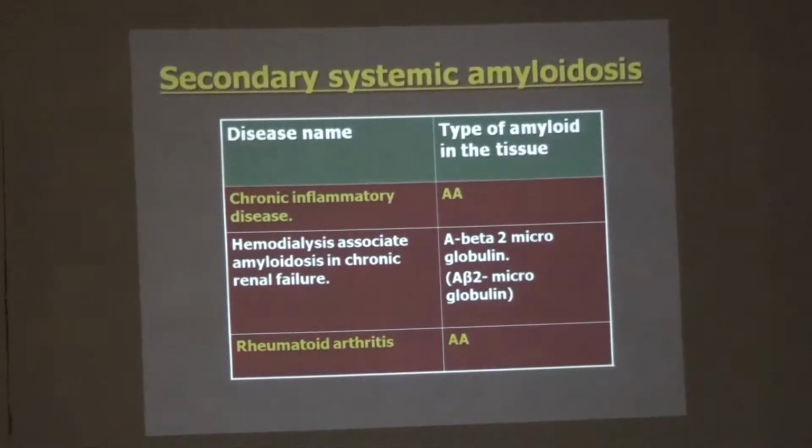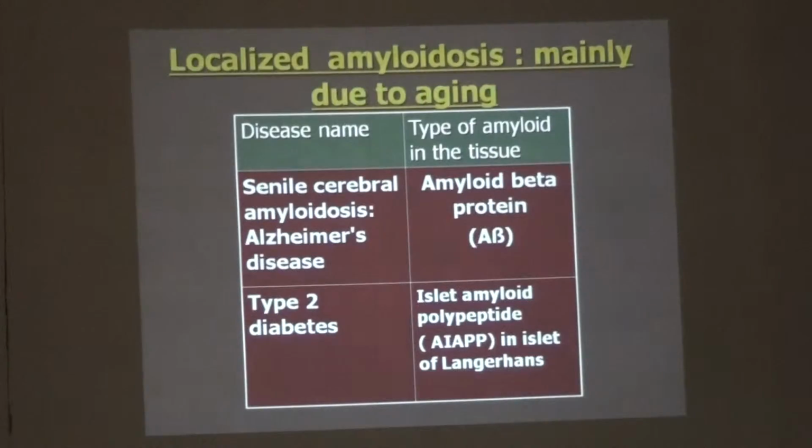Rheumatoid arthritis is a secondary cause, as is chronic inflammatory bowel disease.